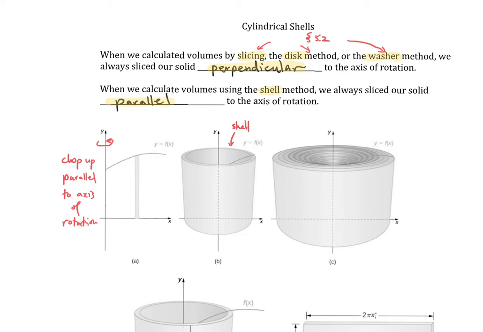And if you look at this picture we have on the far right, this is a whole collection of shells. All right. And this collection of shells becomes a good approximation for the actual volume.